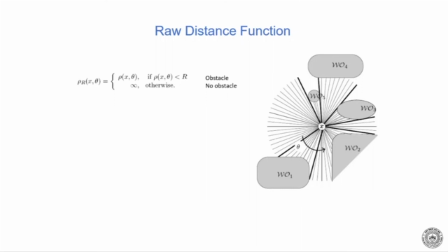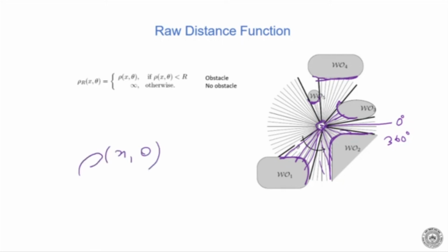Let's imagine this is my x, and theta is going to vary from 0 to 360 degrees, one sweep. And this is the shape of the obstacle that we are getting. The shape of the obstacle is basically a function of the distance, the length of the ray. This is what gives me the shape of the obstacle, and that is my rho(x, theta).